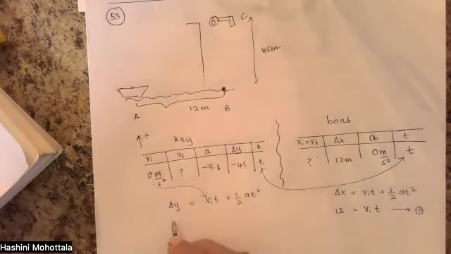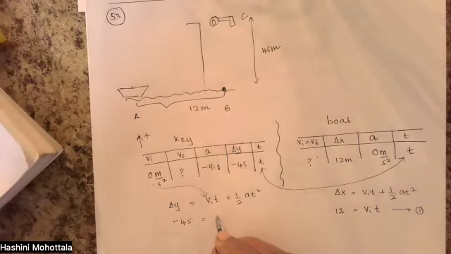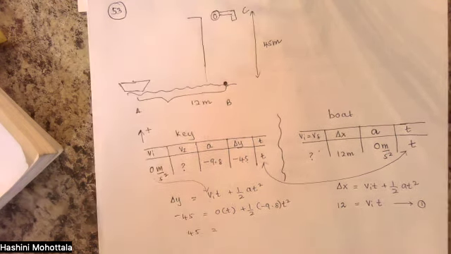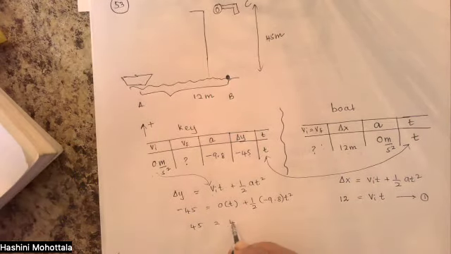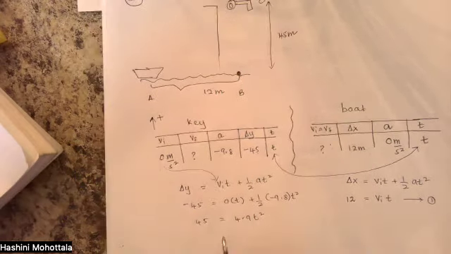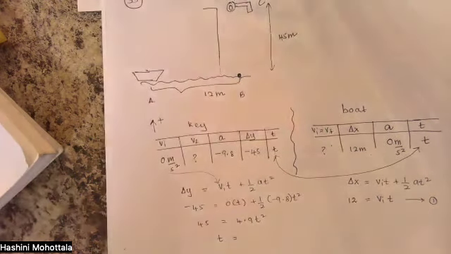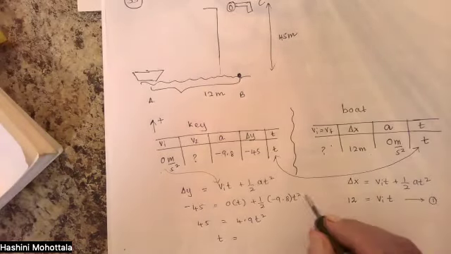So delta y is given to us, plus 1/2 times negative 9.8 times t squared. So you have 45 equals 4.9 t squared, and the t you can find from here. And this is for the key's motion.